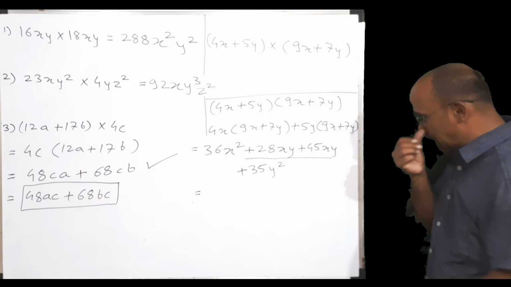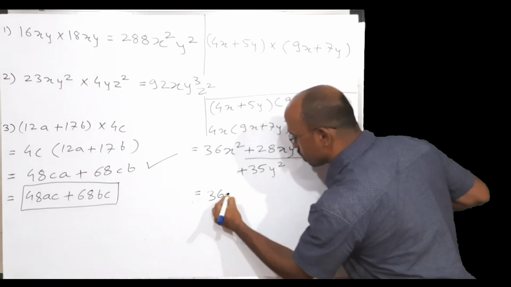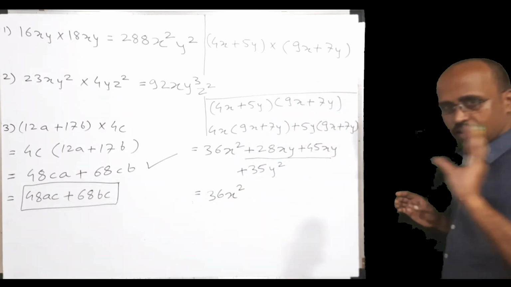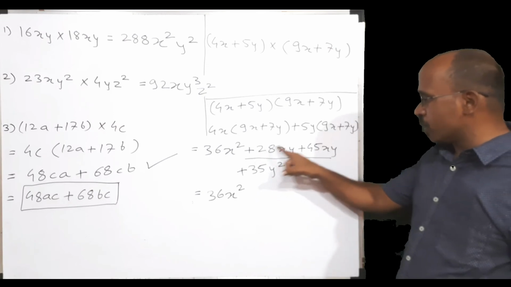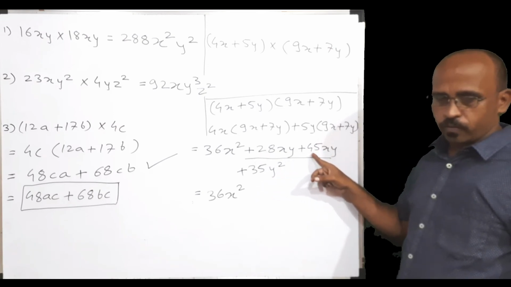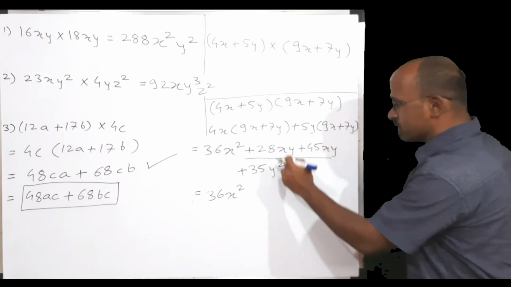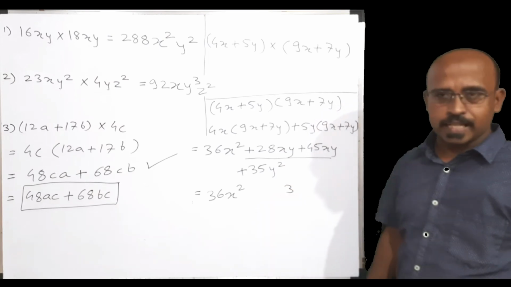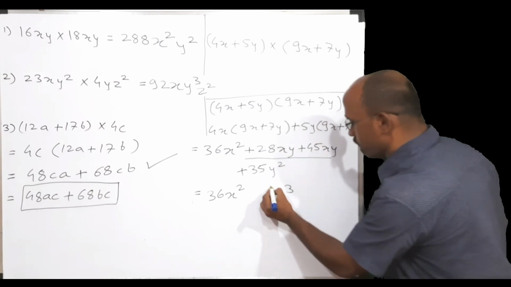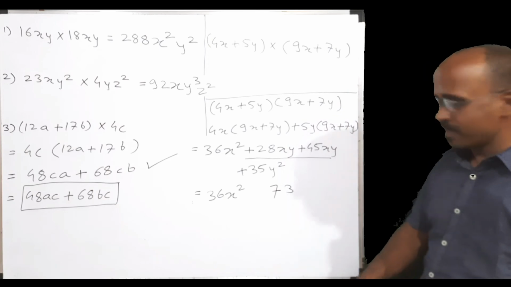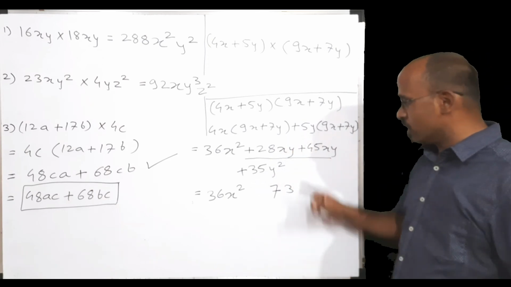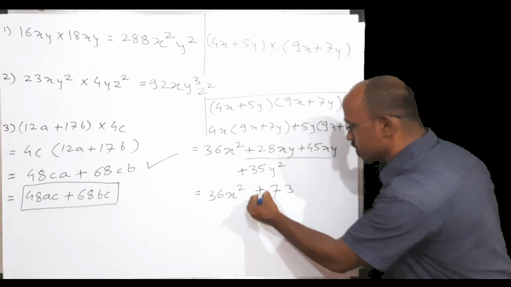So let's do it. 36x square is unlike, so let's write it as it is. Plus 28 plus 45, we have to do their addition. 5 plus 8, 13, 1 is the carry. 4 plus 2, 6 plus 1, 7. Symbol of the greater magnitude is plus.